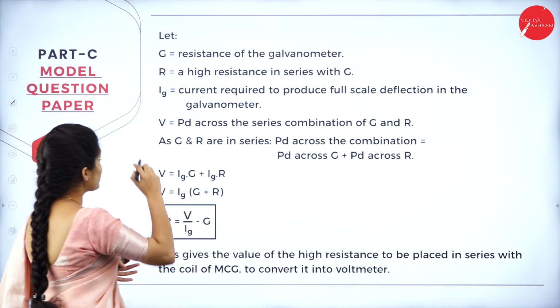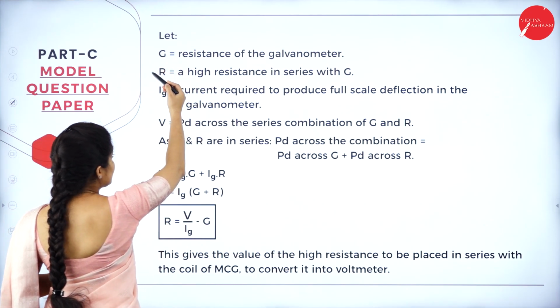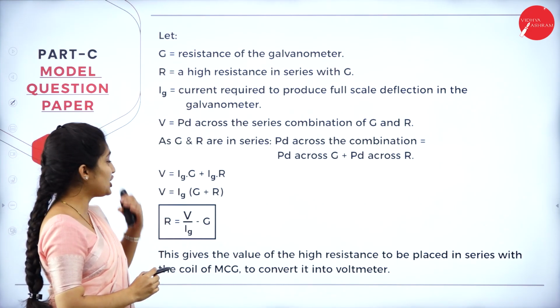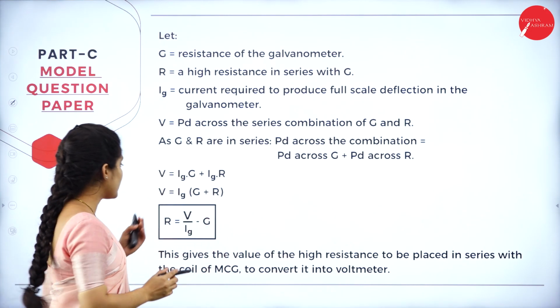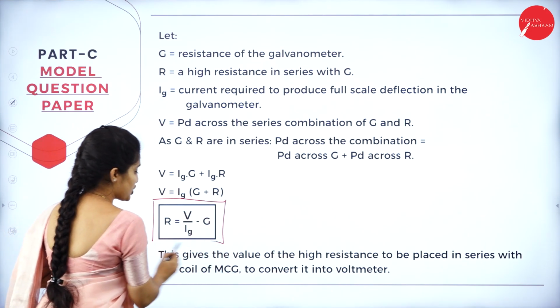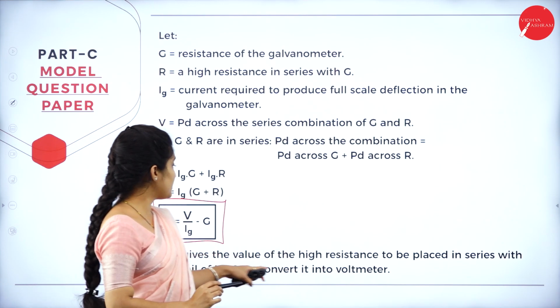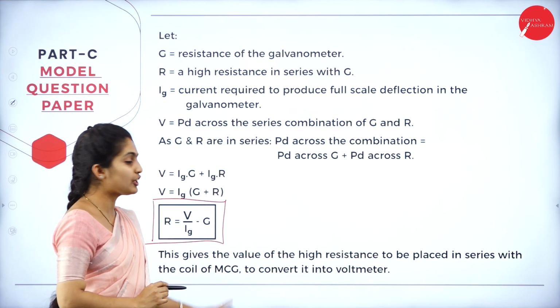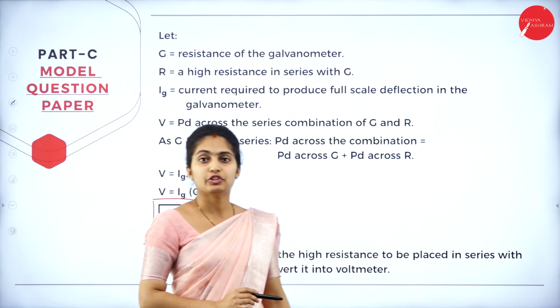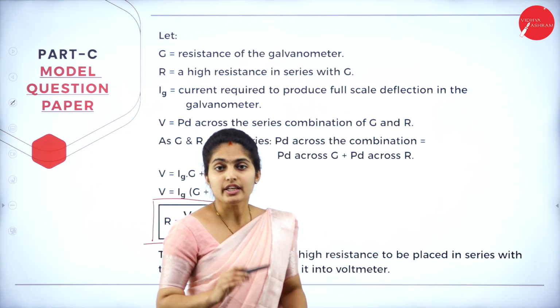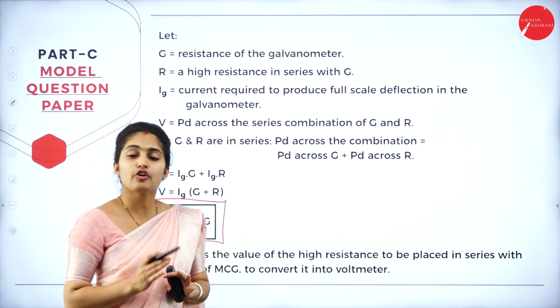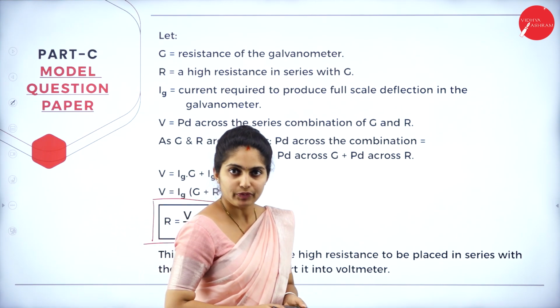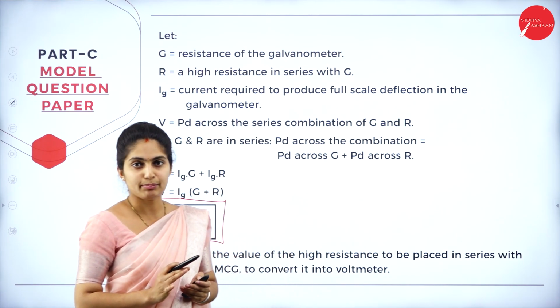And next it turns out to be, you will have to label G means what, R means what, IG means what, and then get the conclusion by this equation. Okay, so this gives the value of high resistance to be placed in series with the coil of moving coil galvanometer to convert it to voltmeter. Okay, this is the final conversion of galvanometer to voltmeter. Okay, so here you will get for 3 marks.